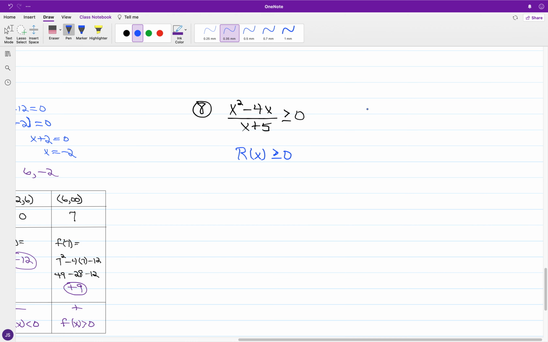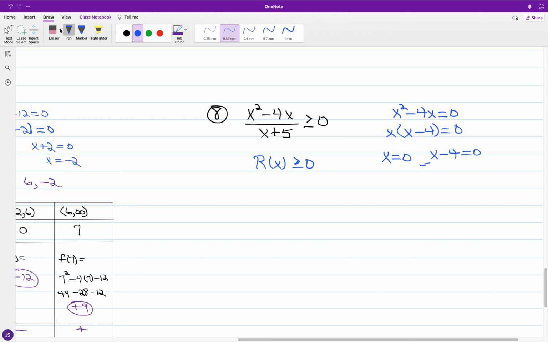And looking at establishing the zeros, for x squared minus 4x, if I set this equal to 0, applying the factoring, we have x equal to 0, and with x minus 4 equal to 0, we have x is equal to 4.